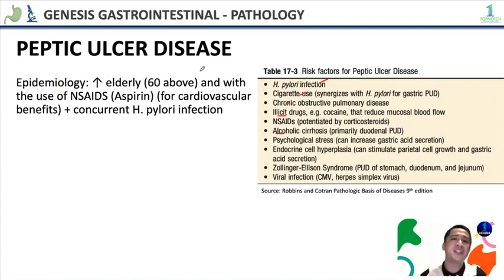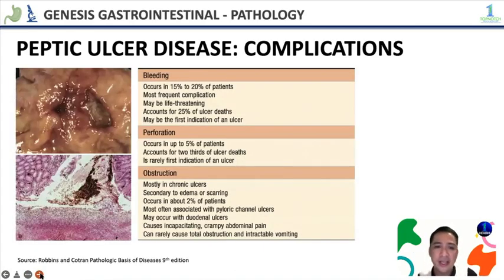Of course, these patients will use NSAIDs for the cardiovascular benefits, being anti-platelet, anti-thrombotic. Yes, that's the benefit of the baby dose of aspirin. With concurrent H. pylori infection, do not forget also the defense mechanisms, the mucin production of this elderly population is low.